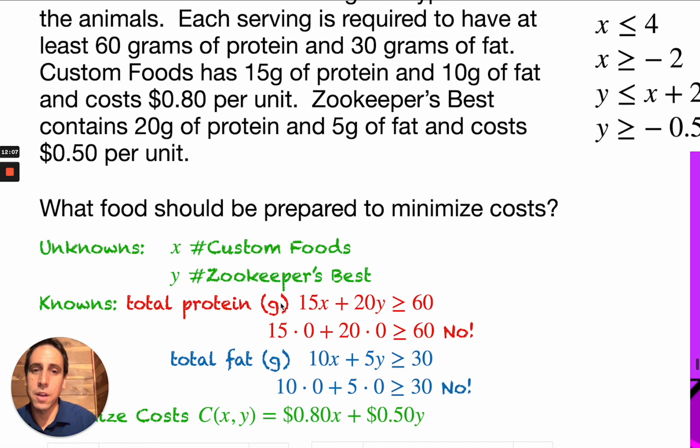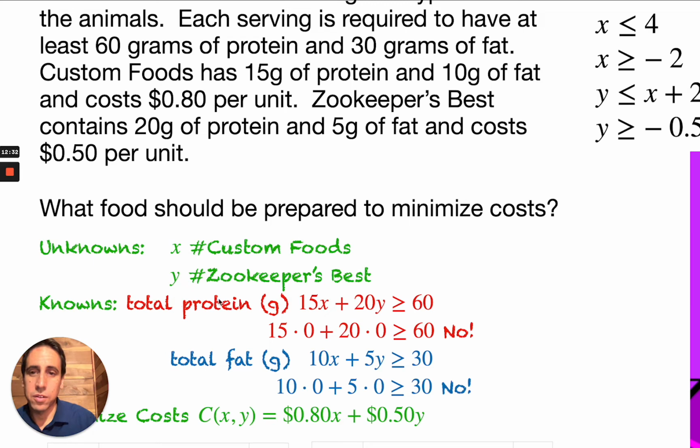Knowns. Okay, what do we know? We know we've got to have at least 60. You can have more protein. Animals, we love our protein. So we need to get at least 60 grams of protein. We need to get at least 30 grams of fat also. More than that is actually fine.